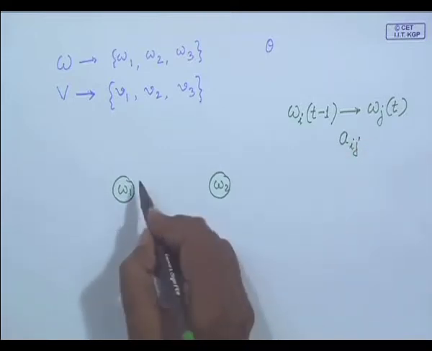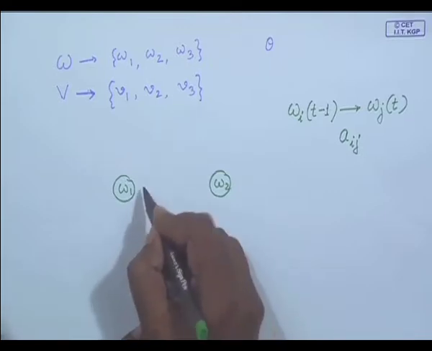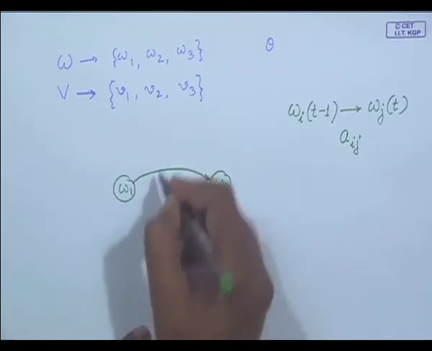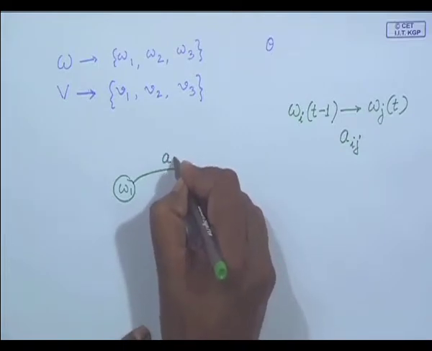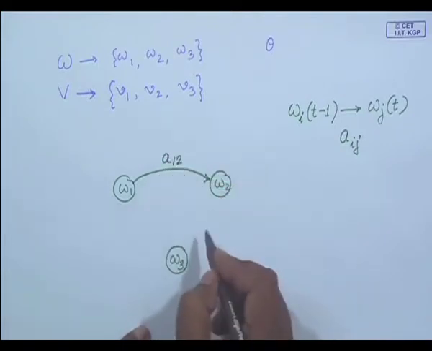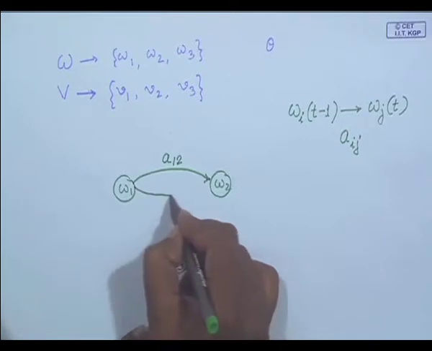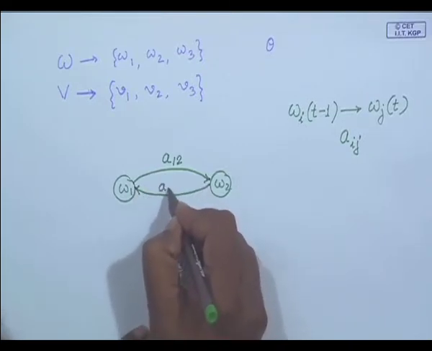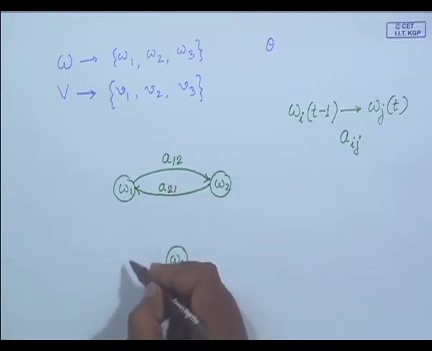So, from omega 1, this hidden Markov model can make a transition to state omega 2, where the probability of transition is given by A12. Similarly, from omega 2, it can have a transition to omega 1, where the probability of transition is A21.